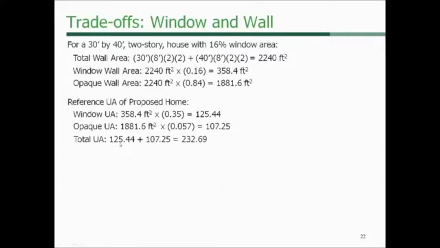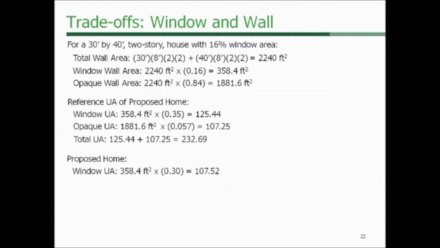So that comes to a total UA for my proposed home, adding those two together, of 232. Okay, so that was the reference. That was using the 0.35 window.